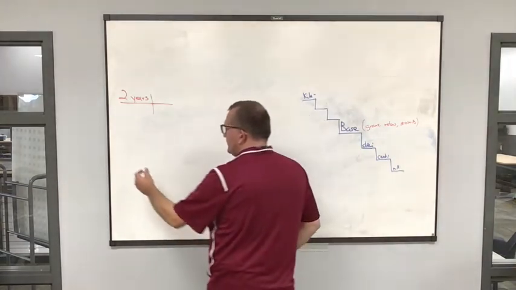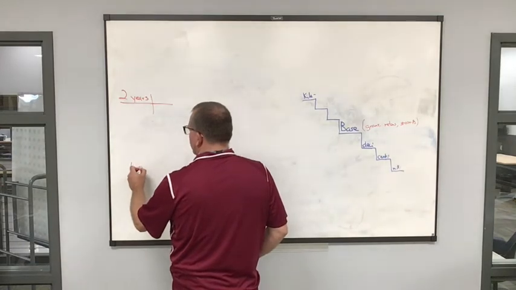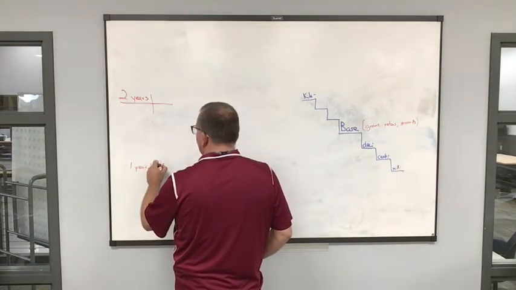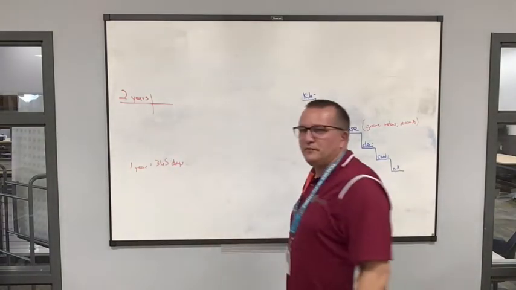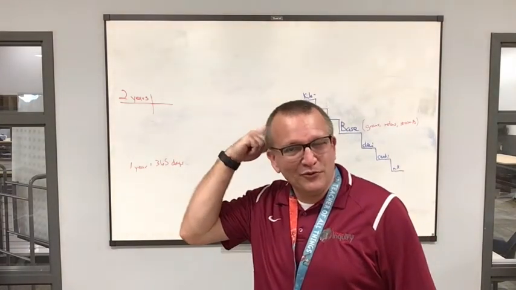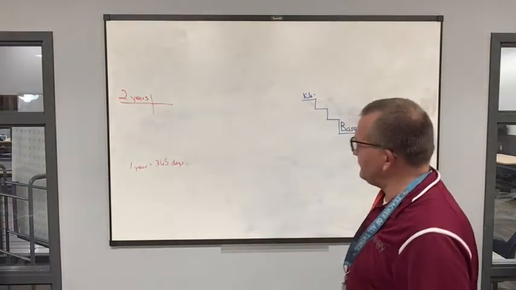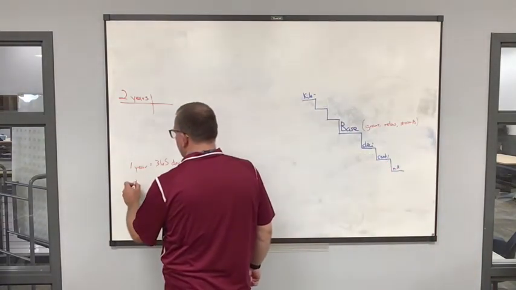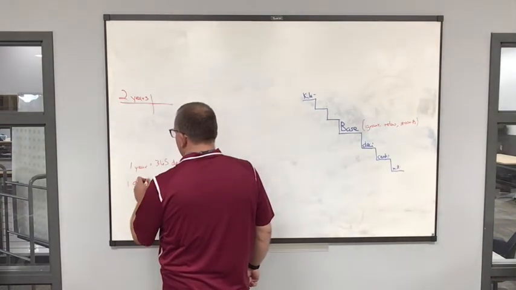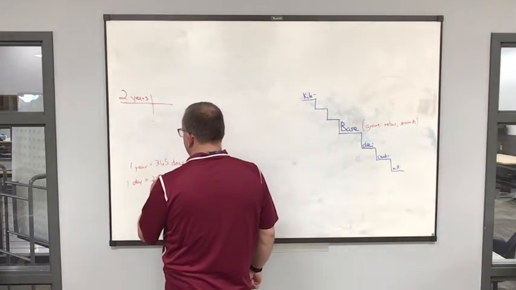We know 1 year is 365 days. Now, if we want to be specific, we'd say 365 and a quarter because of leap year, but 365 will work. Okay? We know 1 day is equal to 24 hours.